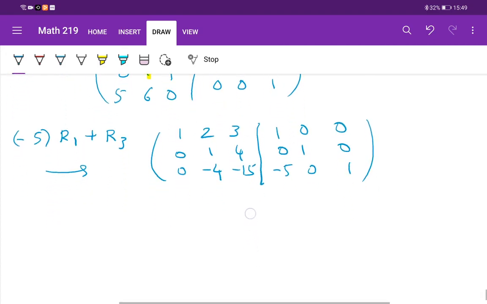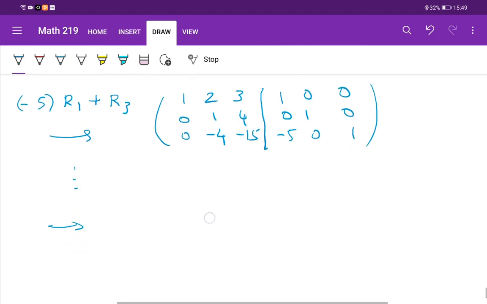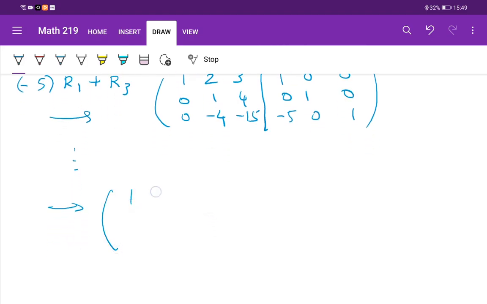Then we proceed like this. The first column is okay, and we convert the first part of this augmented matrix into row echelon form, and then into the identity. I'll leave the steps as an exercise. Eventually you'll get the identity matrix on the left, and on the right you get something like this.